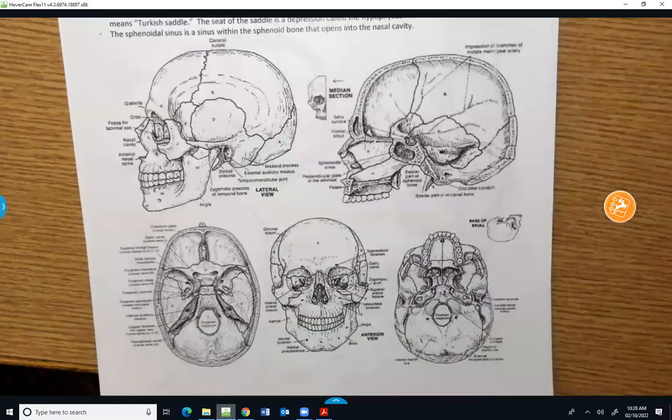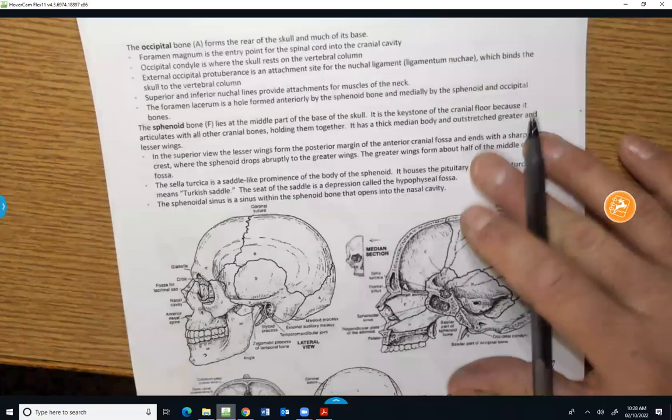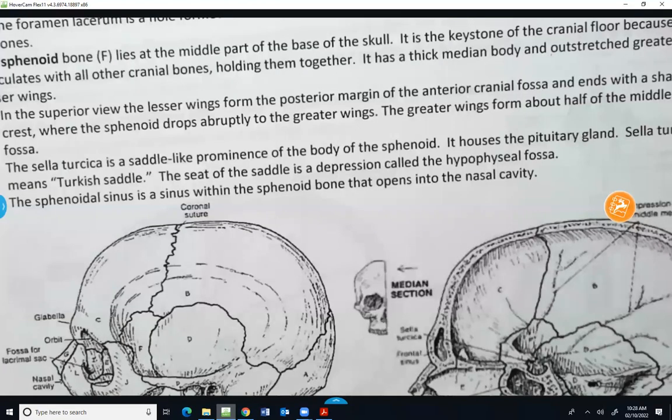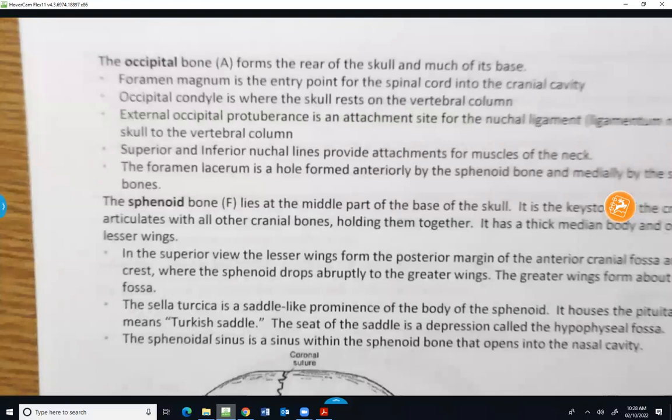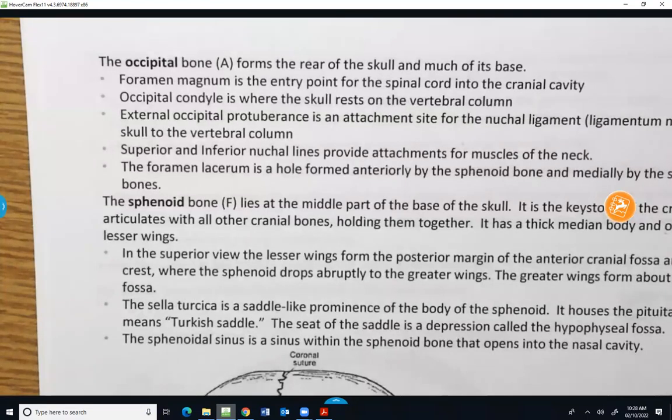All right, let's talk now about some singular bones. We'll start with the occipital, which in my opinion is the simpler of the two, although it's got a lot more structures to know.